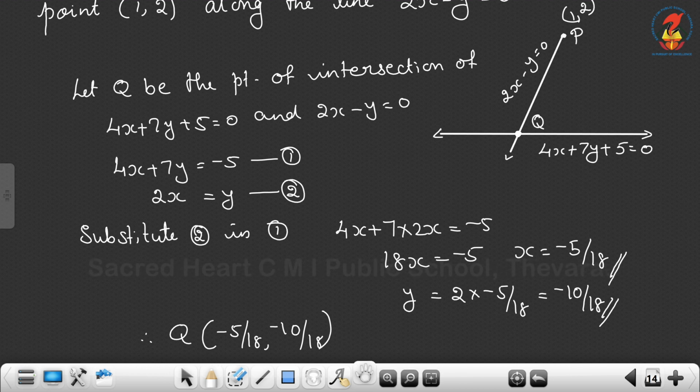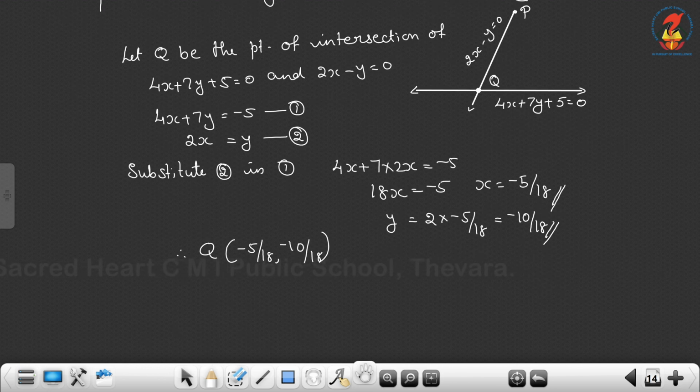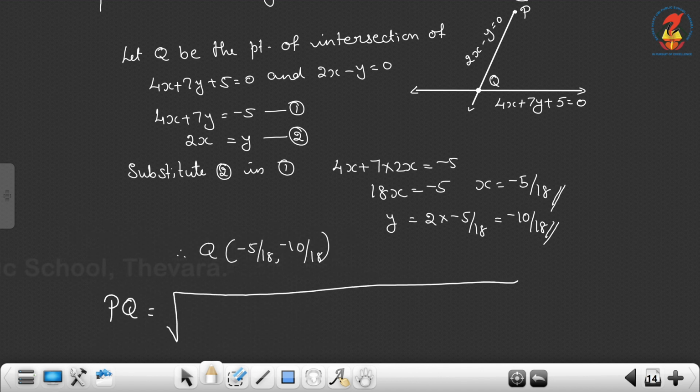Now, we can find the distance PQ, P to Q, using the distance formula. PQ is equal to the square root of (x2 minus x1) whole square plus (y2 minus y1) whole square.